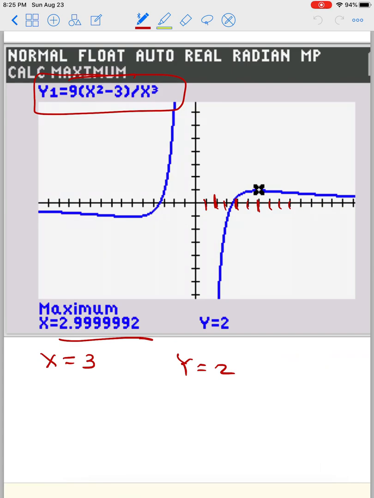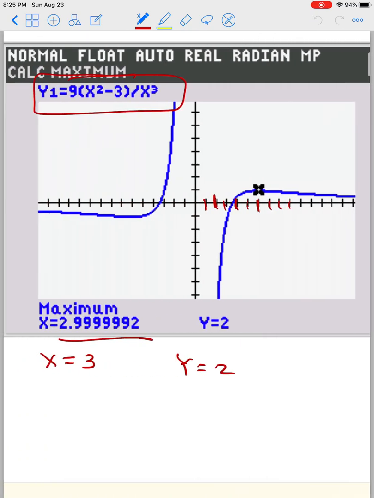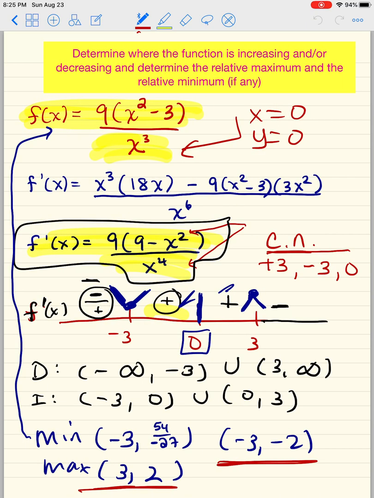And then you guys can go to your calculator, you have this plugged in, and then you press calc, and then you go find the minimum, and that's what I did here. And that says x is -3, y is -2, and that's what we showed here, okay? So that's how you find your max and your min.